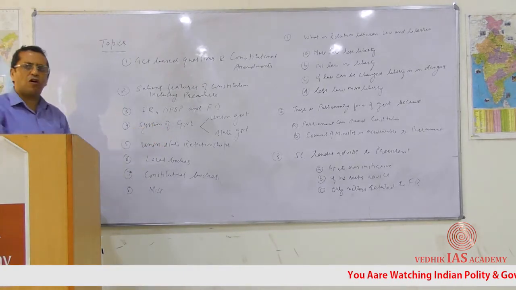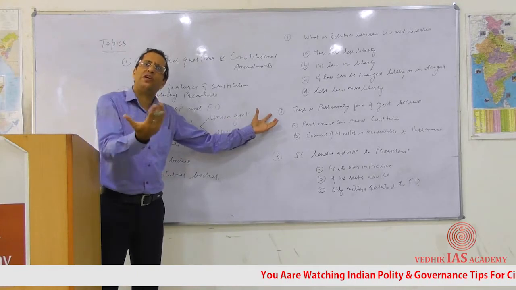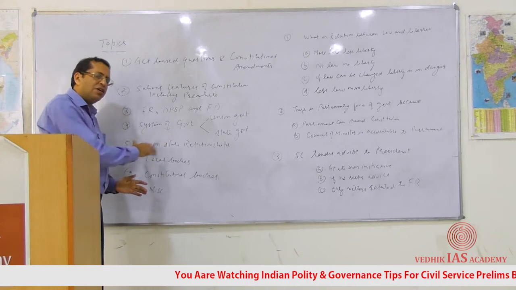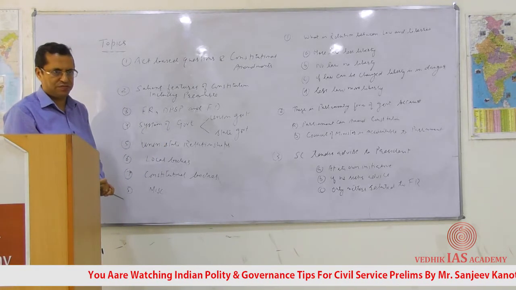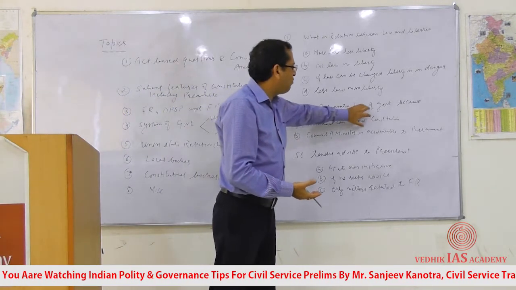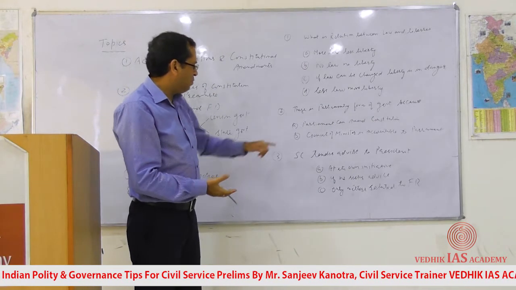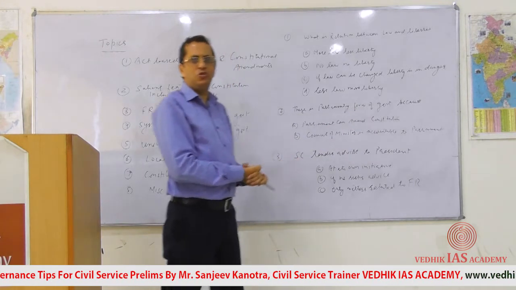Then the system of government. It is important quantity-wise as well as quality-wise. Quality-wise means it is the topic from where we mostly get conceptual questions. For example, there is a parliamentary form of government because, number one, parliament can amend the constitution.